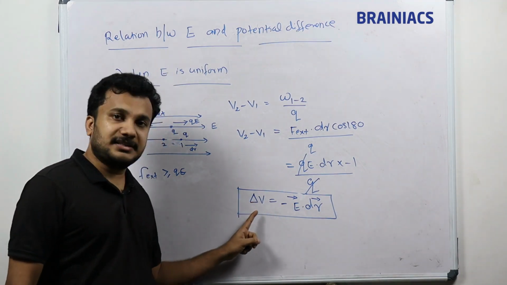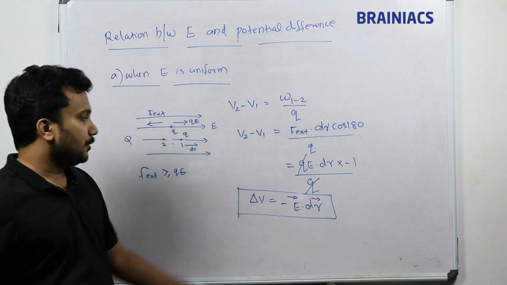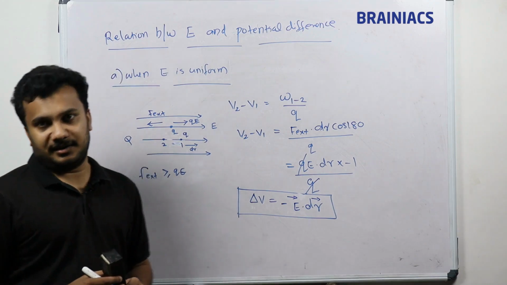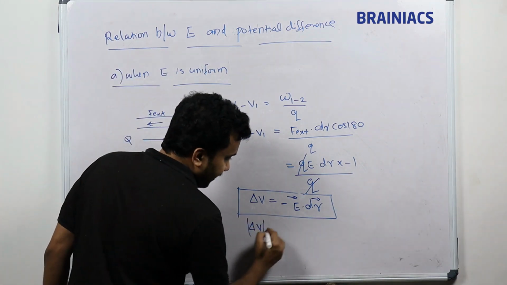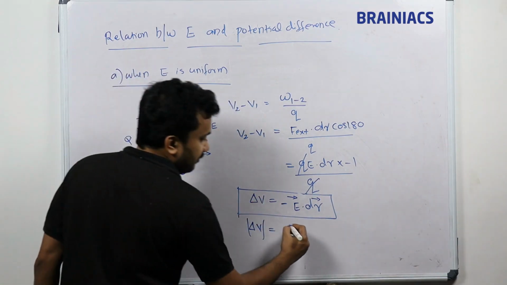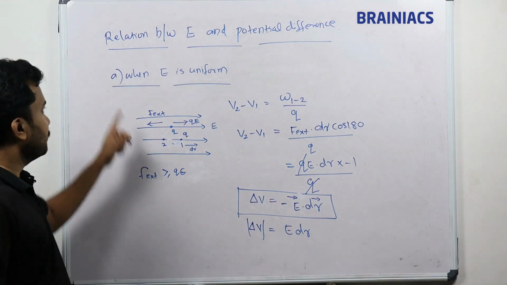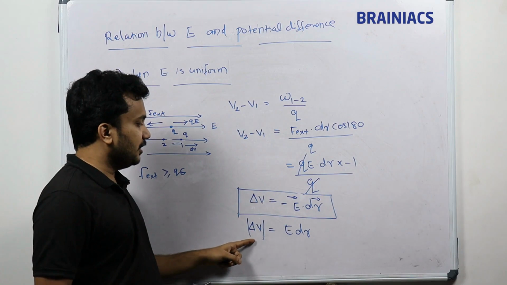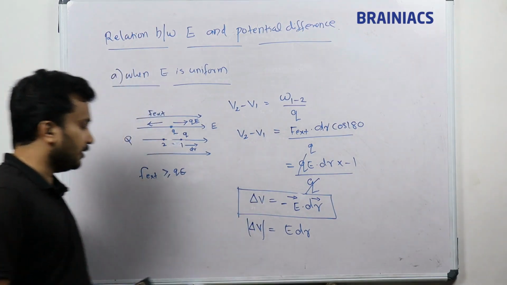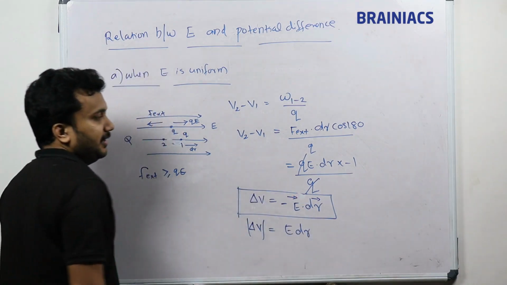So delta V is a scalar quantity, electric field is a vector, and dr is a vector. This is the vector format; in magnitude format the minus sign will not come, so it is E dr. So when electric field is uniform, the relation between electric field and potential is delta V equal to minus E dot dr. This formula is important.